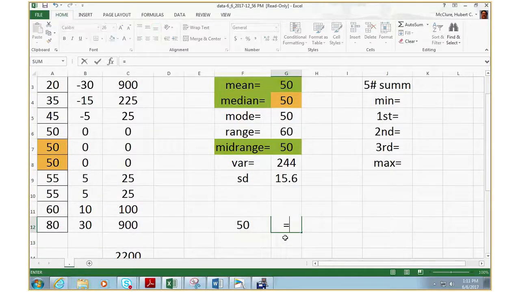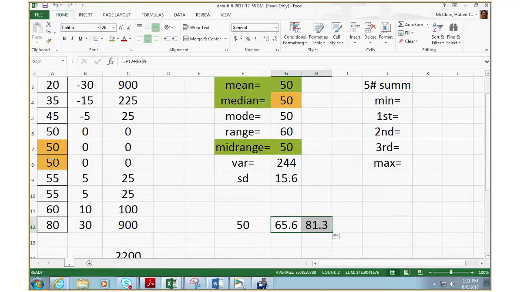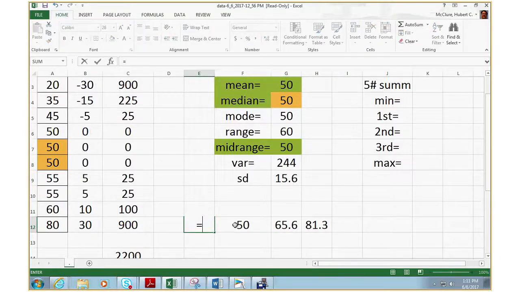And equals the mean plus standard deviation, F4. And I'm just going to copy that over once because I don't want to. And I'll do it over here and subtract.